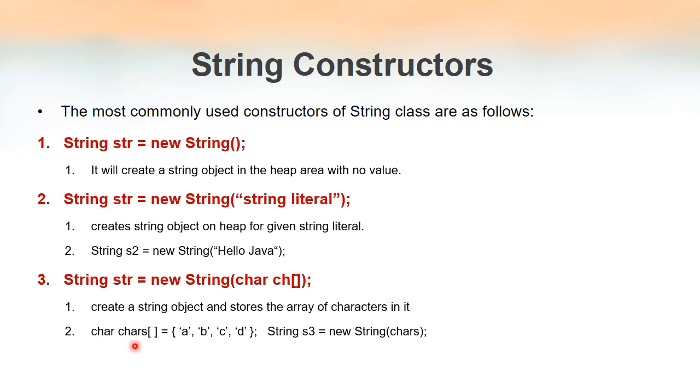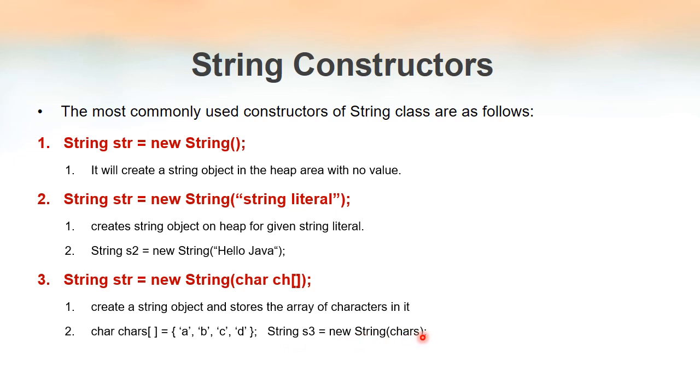For example, if we have a character array named chars, and the characters inside the array are A, B, C and D, each of these characters is an element of the array. A is the first element of the array, B is the second element, C is the third element and D is the fourth element. Each of these characters is a unique element of the array. From these elements we can create a string object.